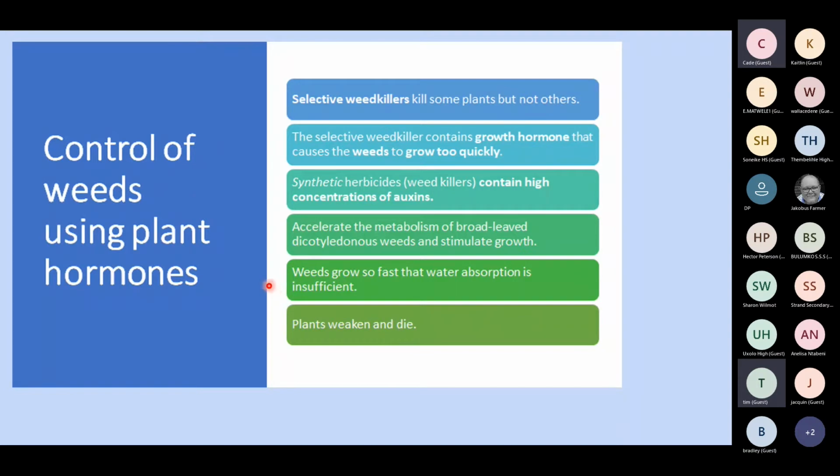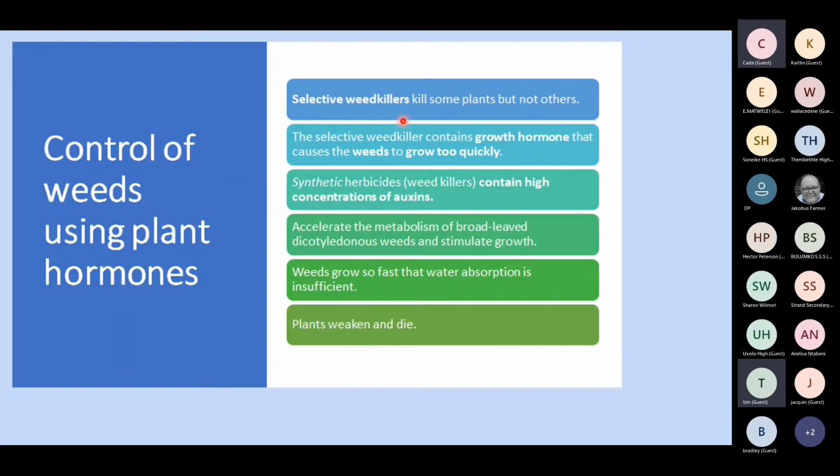Then there is a little paragraph 4.2, and focus on those 2 bullets, grade 12: the control of weeds using plant hormones. If you look at the 2 bullets, they are within my explanation. The first one: some kill plants but not others, so they are weed killers.